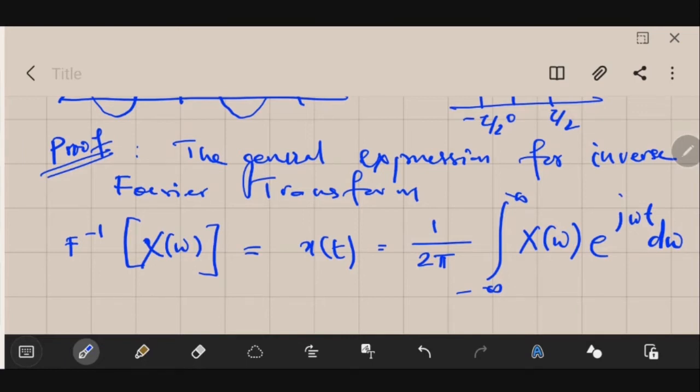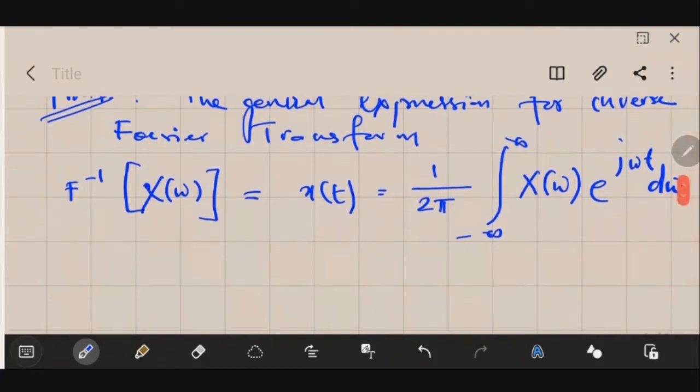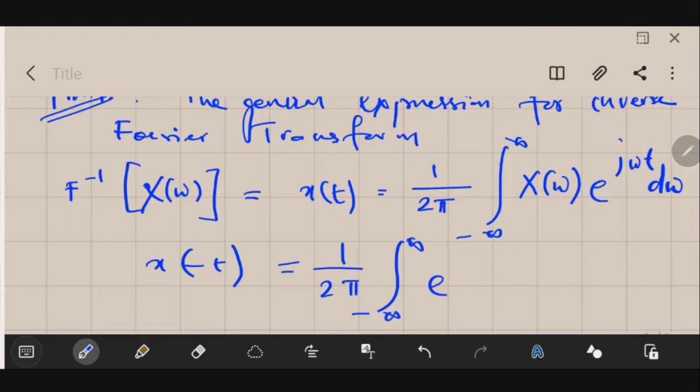Okay, so now let us try to do one thing. Let us replace that x of t by x of minus t, and let's see what changes happen on both sides of this equation. So if I write here x of minus t, then the other side will be like this: 1 by 2 pi integral from minus infinity to infinity, your capital X of omega, since there is no t here, there will be no changes in this portion, then e to the power minus j omega t d omega.